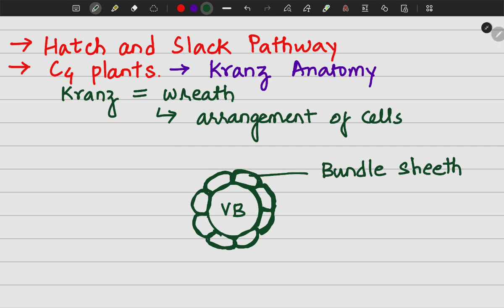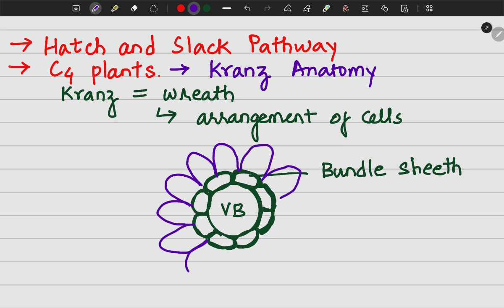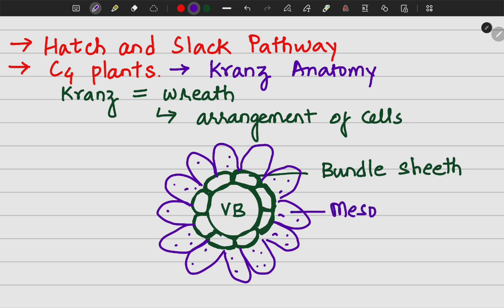Now, above the layer of this bundle sheath, there will be another layer of mesophyll cells arranged like this. So these are the mesophyll cells surrounding the bundle sheath of vascular bundles.